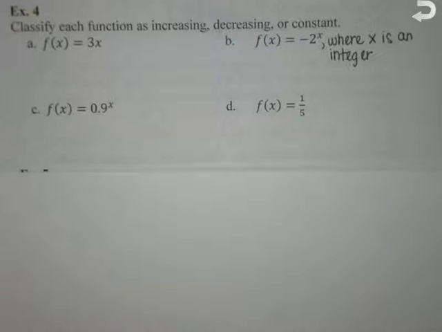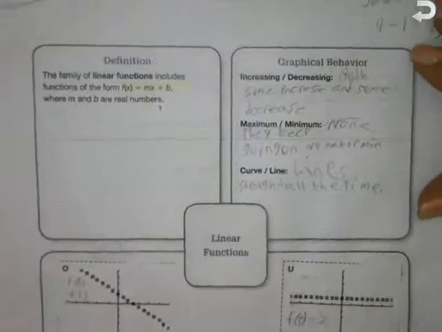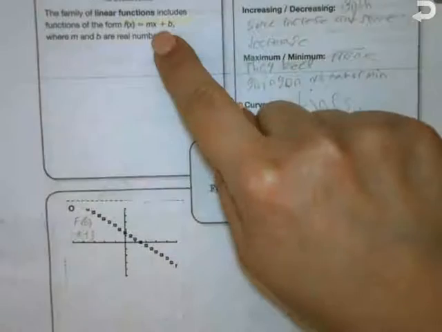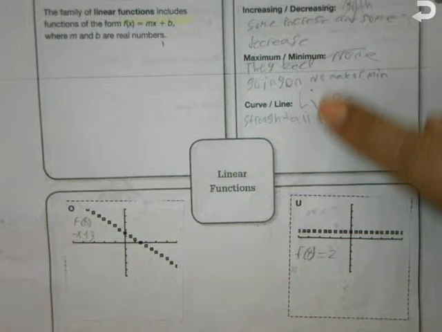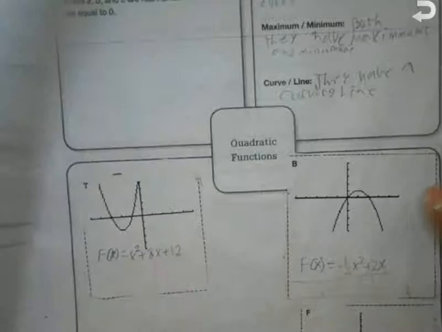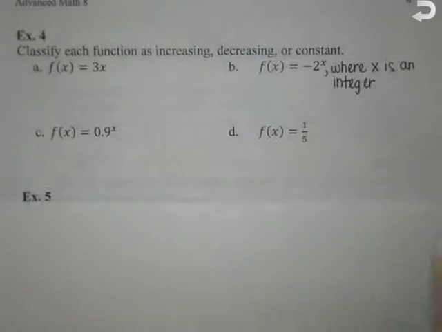We had linear functions, and then we talked about the standard form, and if it was increasing, decreasing, minimum, or maximum. We glued some examples onto it. If you have it, get it out. If not, you will need to find it at home, okay? I'll give you a second to try and find it.